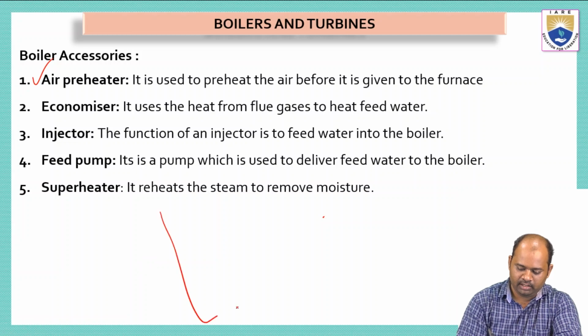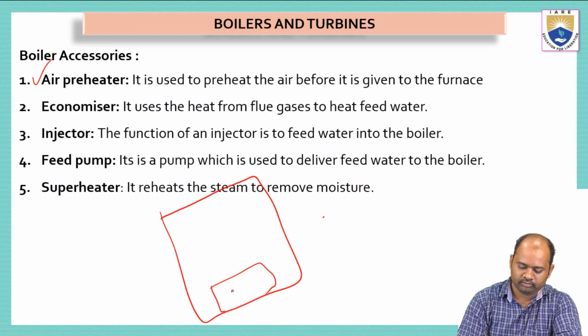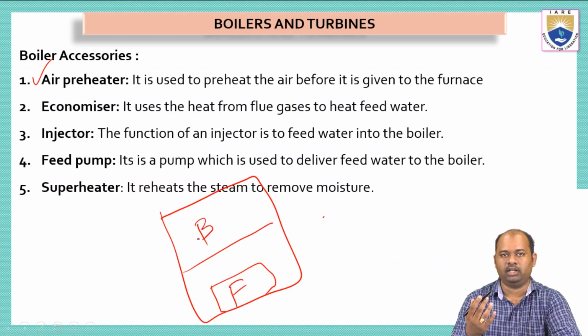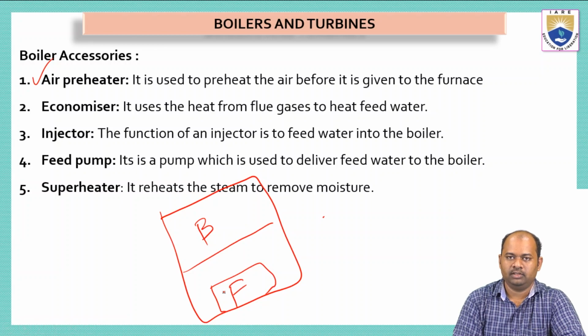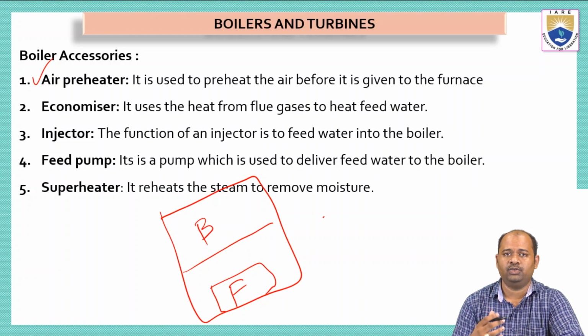Suppose I take a simple vertical boiler, here I have a furnace, and this is all boiler inside which we have water. Now in the furnace, when I supply some heat by combusting coal, I need some air. Every time I need fresh air in order to burn the coal. Why do we need air? Because we need oxygen for the combustion.